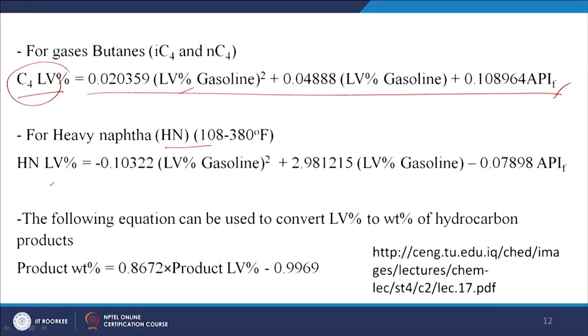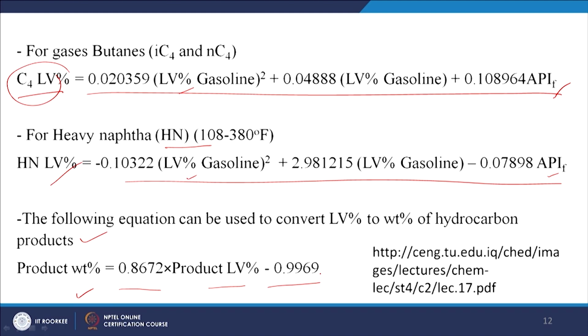Similarly, the liquid volume of heavy naphtha can be computed by this empirical relationship, which is based on the gasoline percentage and the API of the feed. The following equation can be used to convert liquid volume percent to weight percent for hydrocarbon products: product in weight percent is equal to 0.8672 into product in liquid volume percent minus 0.9967. So, this is the problem statement.